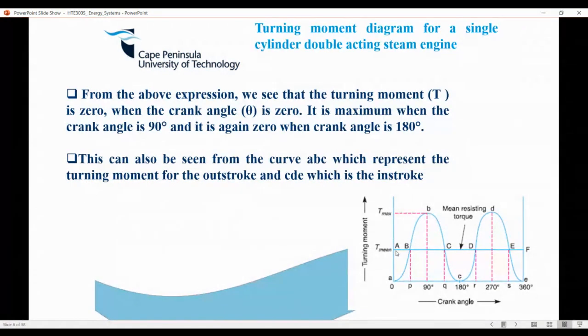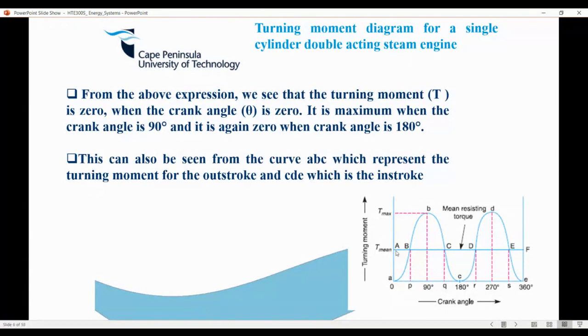So here we see the turning moment is 0 when the crank angle is 0, and it becomes a maximum at 90, and it becomes 0 again at 180. What they're basically saying here is that from small a, b, c, that represents, so remember we're doing a double acting thing, the outstroke, right?